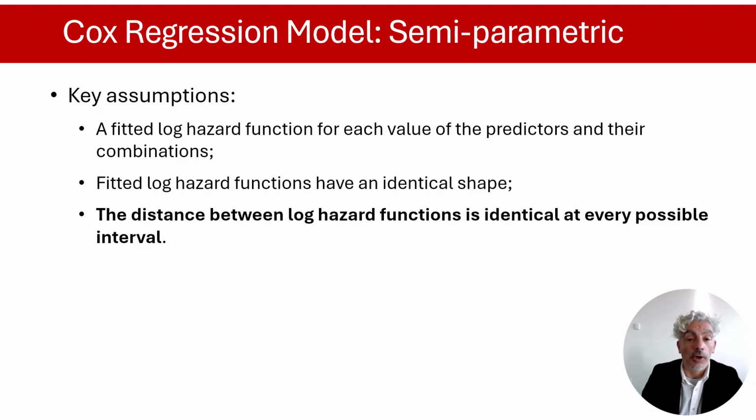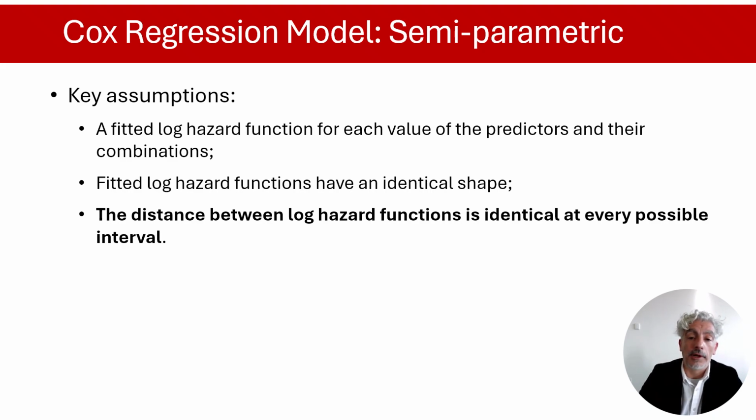But it performs a lot more effectively and efficiently when we are unable to make assumptions on the baseline function. So it has a lot of flexibility, and that is also why it has become so popular.